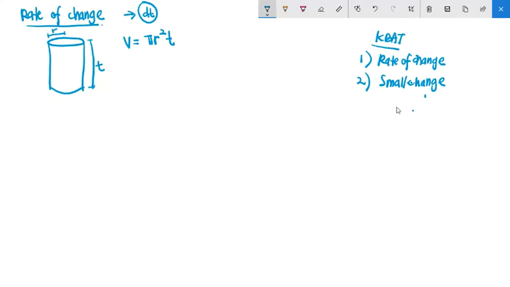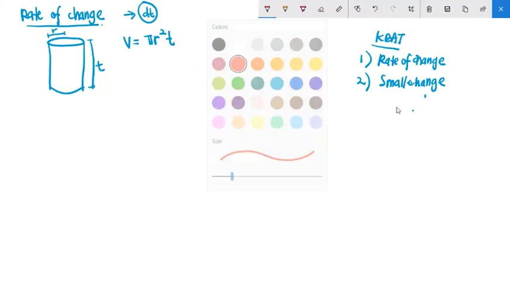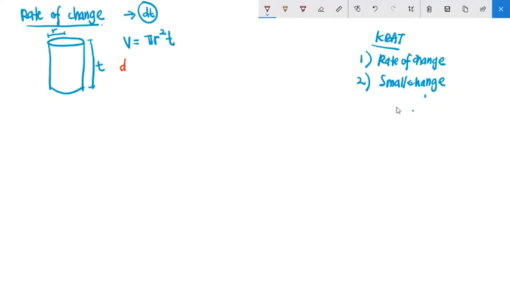The equation dv over dt is equal to dv over dr times dr over dt.